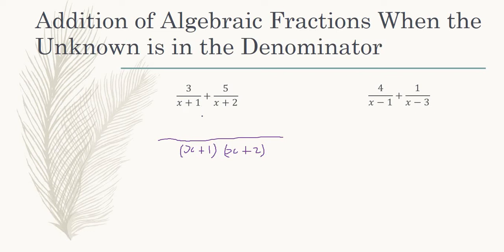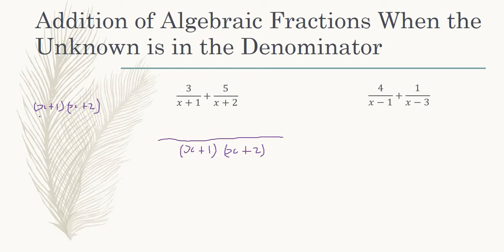So x plus 1 divide into x plus 1 times x plus 2. Clearly, x plus 1 will cancel out. So let me just do that over here. So you would have x plus 1 times x plus 2.